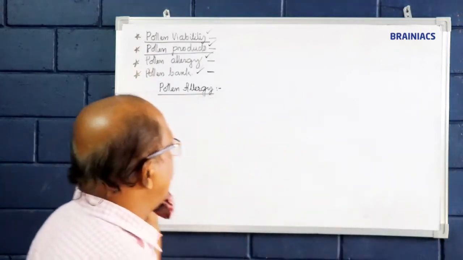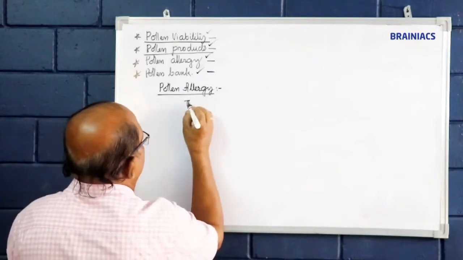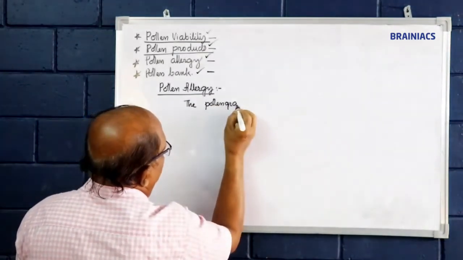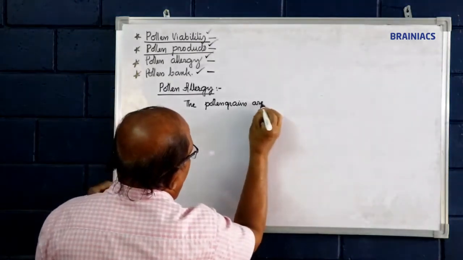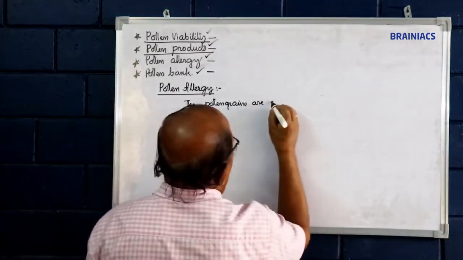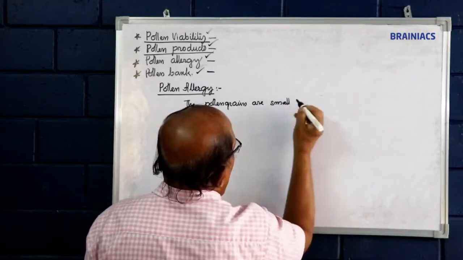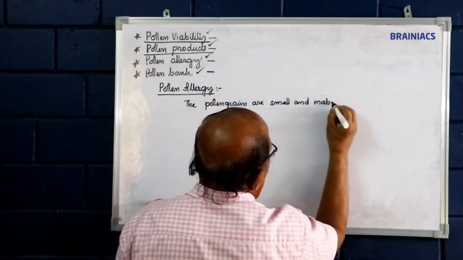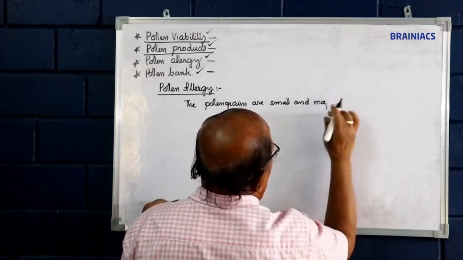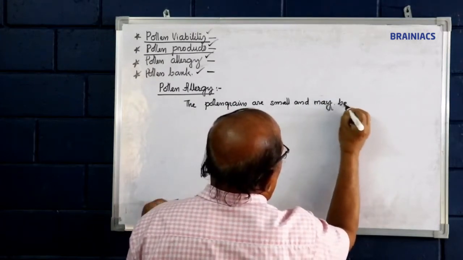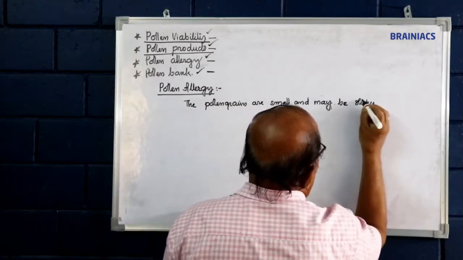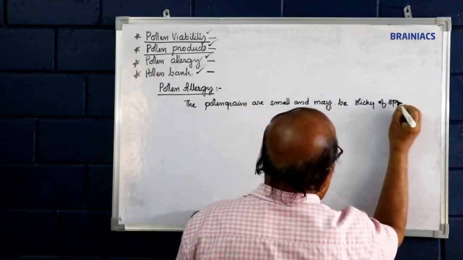See, for example, the pollen grains are small and may be sticky or spinous.